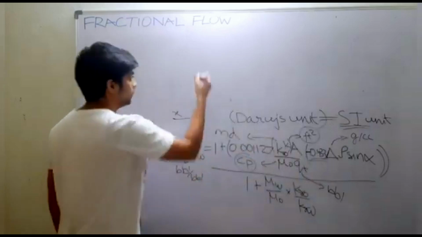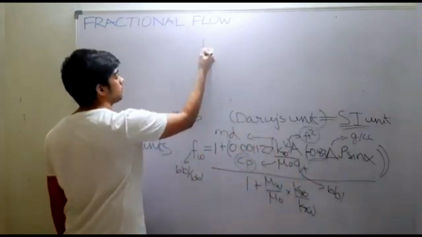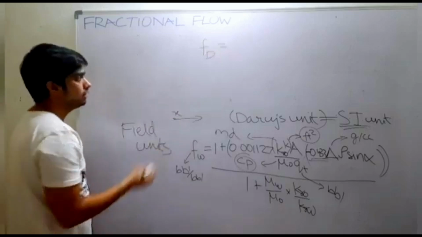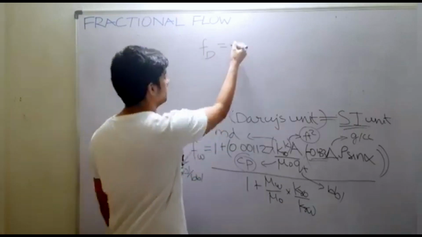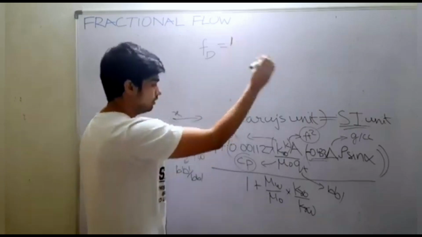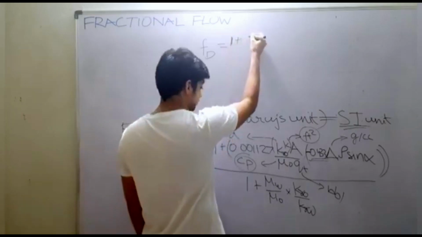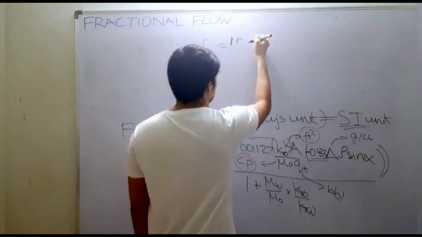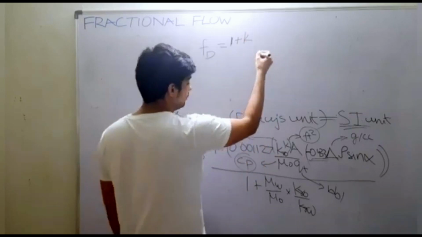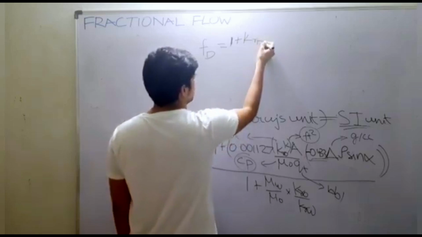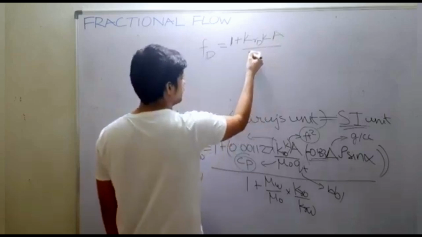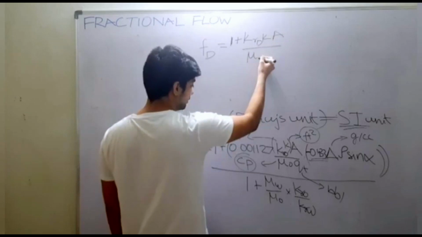The generalized equation for any displacing fluid can be written as FD, where D is your displacing fluid, and FD is the fractional flow of the displacing fluid. Displacing fluid can be any fluid. I will write it in Darcy's units.